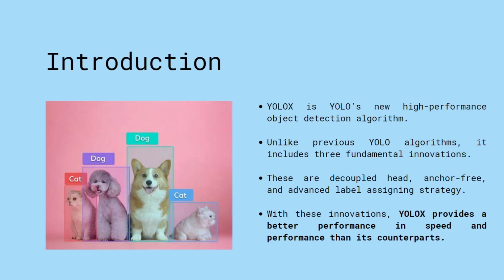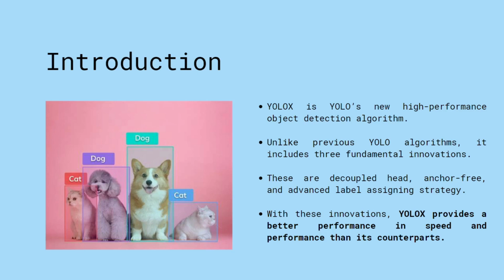So YOLOX introduces a different technique that wasn't originally implemented in the YOLO series, and it uses a strategy called decoupled head, where they split the head output from the previous YOLO models and decouple it into different tensors.